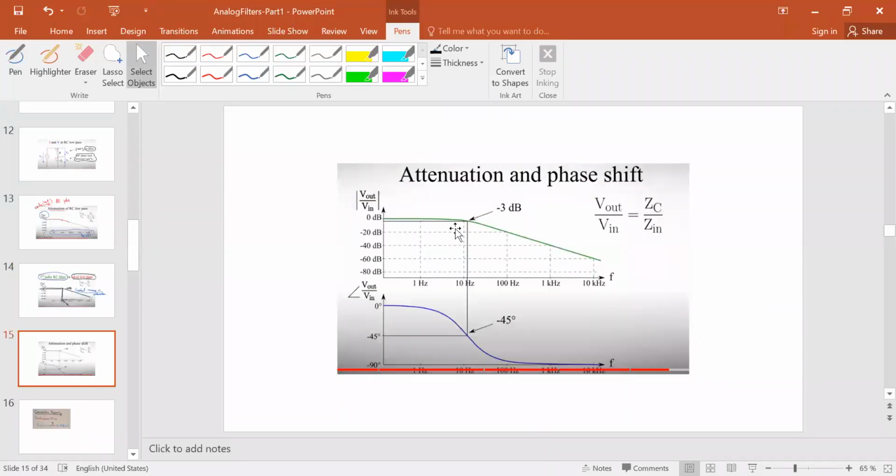Now, as I told you, for FC we usually go for the minus 3 dB point. Now, keep in mind when we have an ideal filter, the specifications are only defined in terms of the magnitude part. There is nothing to do with the phase part.